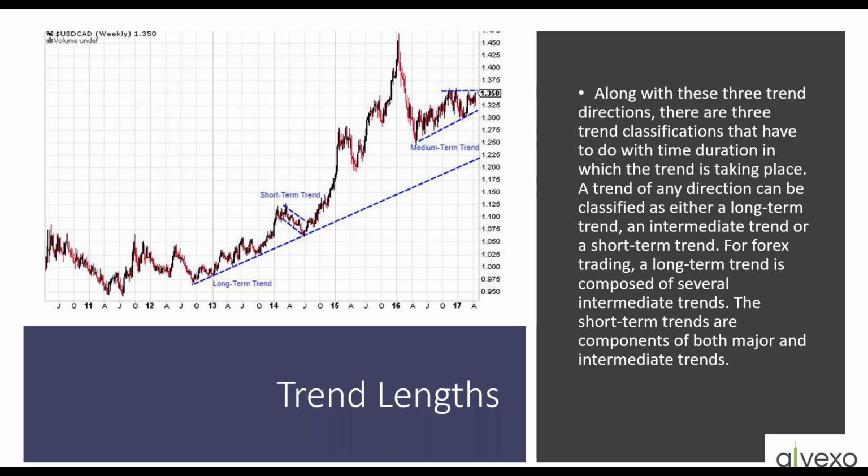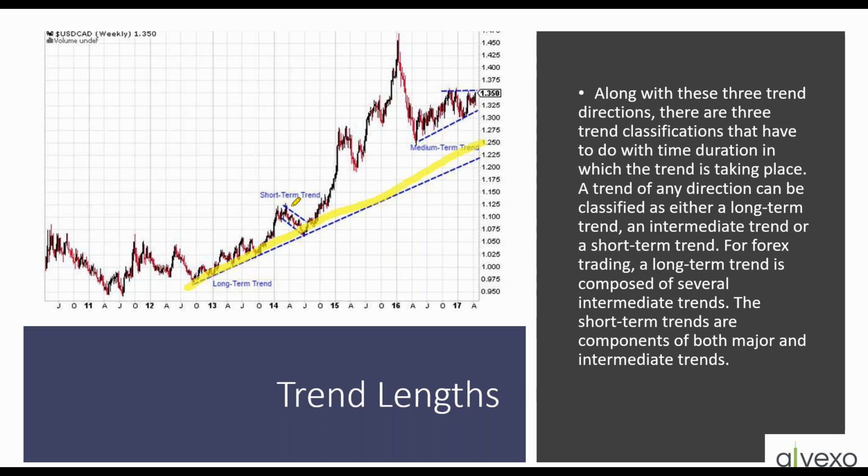So along with these three trend directions, there are three trend classifications that have to do with time duration. And this is long-term, intermediary term, and short-term. And as we see in the chart on the screen right here, by understanding the asset, and this is the euro, the US dollar, Canadian dollar, the loonie, okay, we see that overall the loonie is in a long-term trend up.